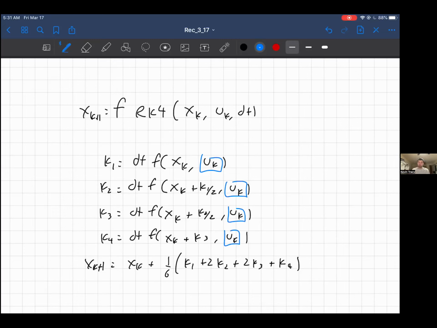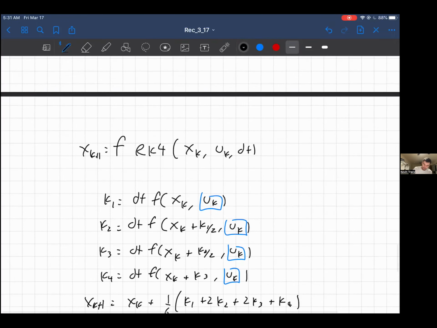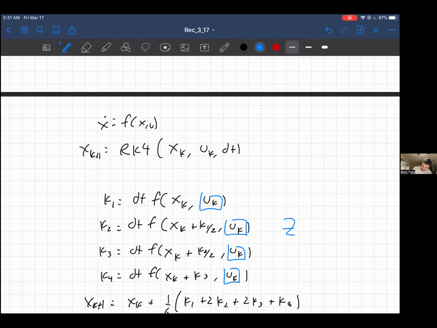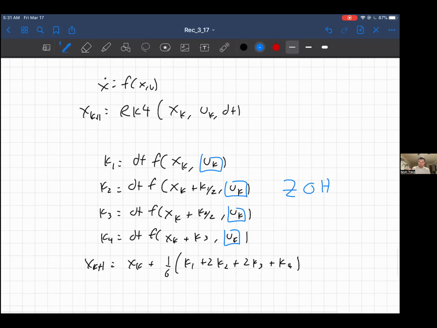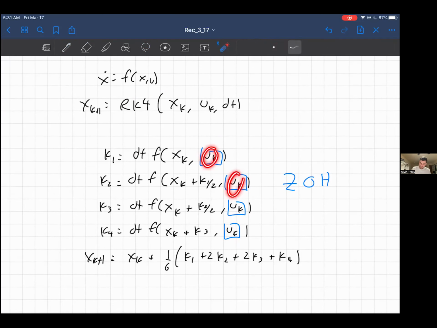When I use RK4 to integrate a generic ODE f, say I have x dot equals f(x, u), and this is a zero order hold. If I assume a zero order hold, when I integrate with RK4, I hold my u constant every time step.